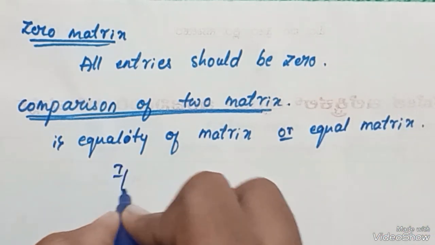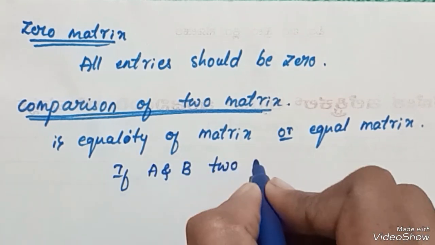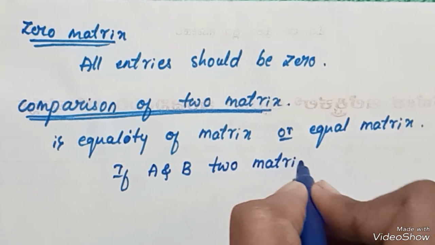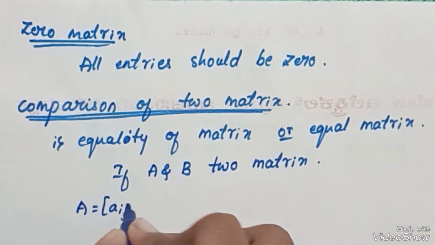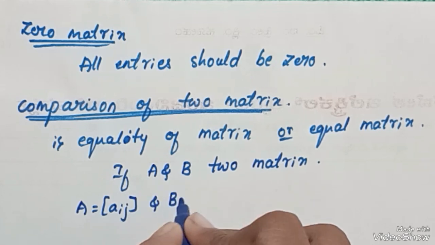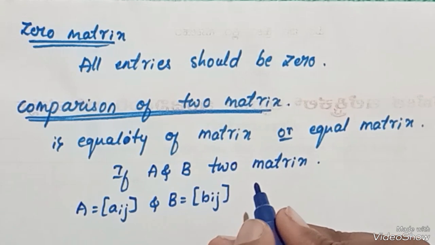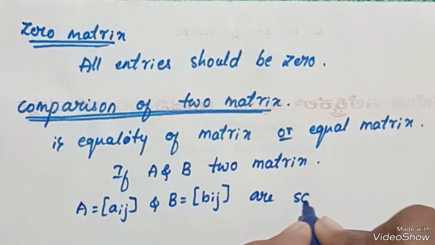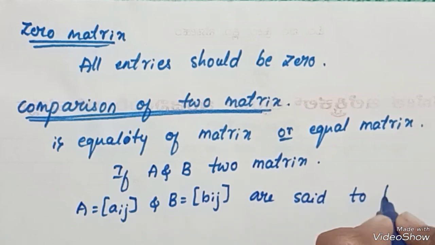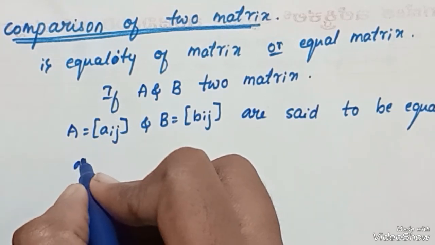If A and B are two matrices, that is, A is a matrix Aij and B is a matrix Bij, then A and B are said to be equal under two conditions.